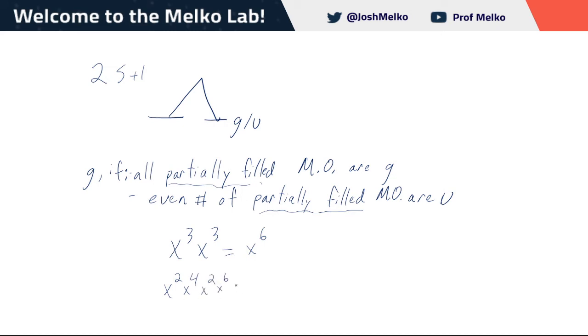If they're all gerade, they're always going to multiply together to make an even function overall. And the analogy here is molecular orbitals are these functions that we're multiplying together to get the total wave function that describes our system. Okay, so in that analogy, it makes sense that overall this thing's going to be gerade or even, an even function, if all of them are gerade, the partially filled molecular orbitals, or if there's an even number of partially filled molecular orbitals that are ungerade.